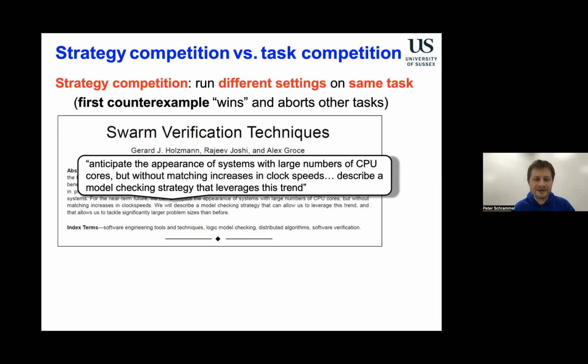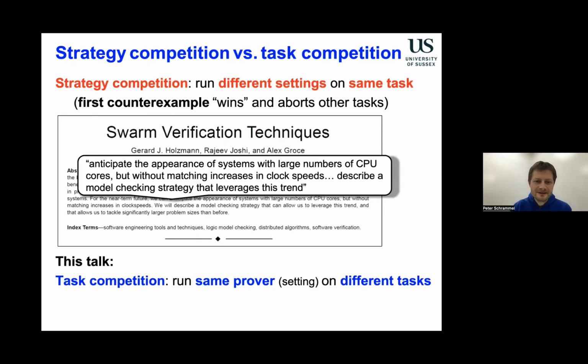There was a paper from 2008 from Holzmann and others, where they suggest that we should exploit the large number of cores and clusters to speed up verification and model checking in particular.